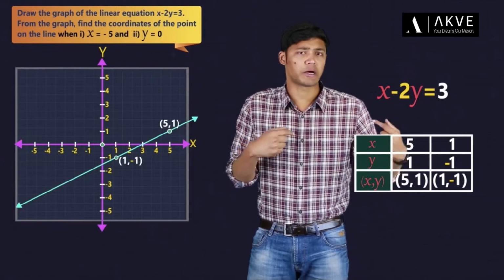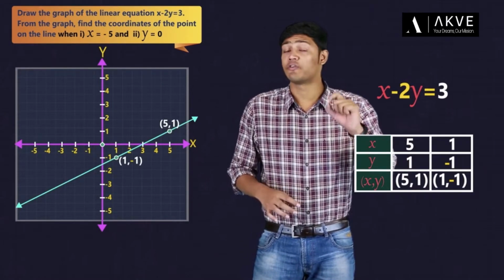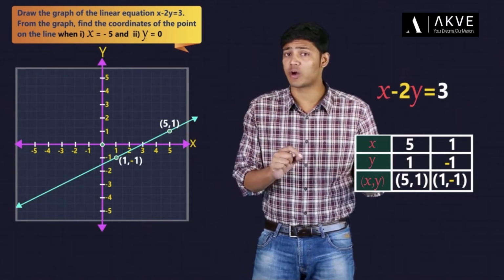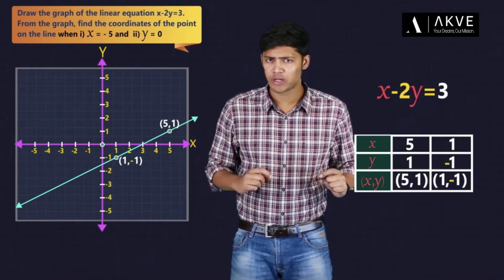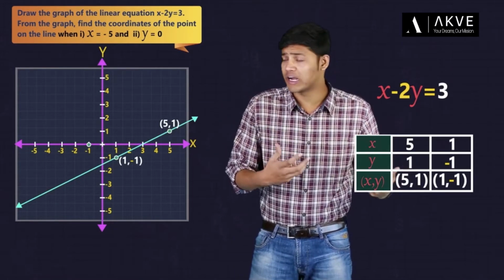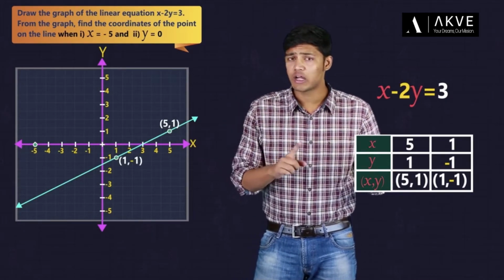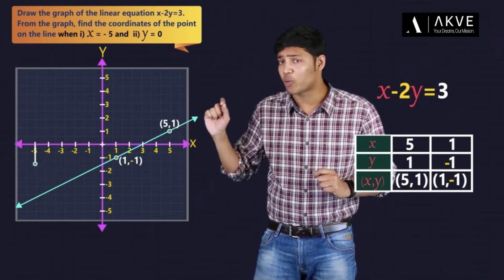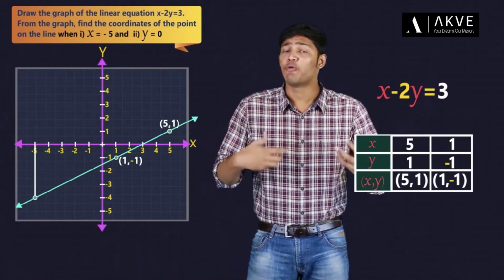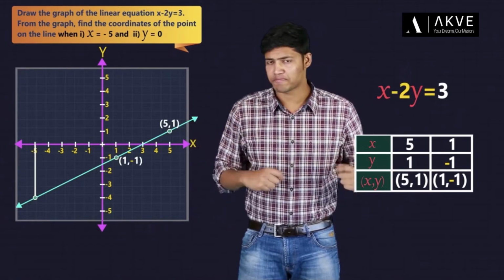Now for the second part of the question, that is to find the y coordinate when the x coordinate is equal to minus 5. First we go to the x coordinate minus 5 on the x-axis and then we draw a line parallel to the y-axis and see where it meets our given line.